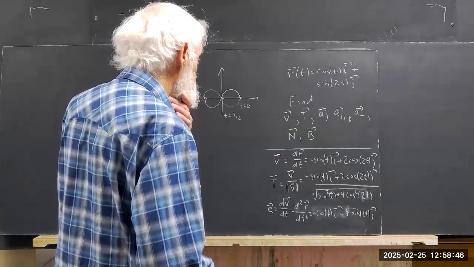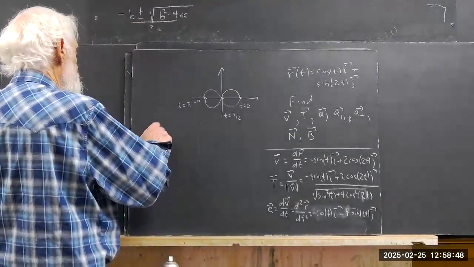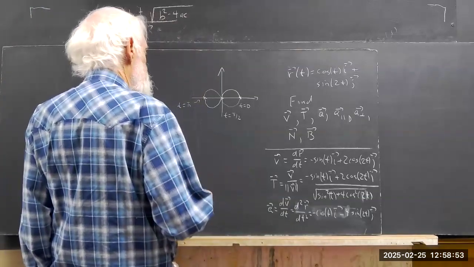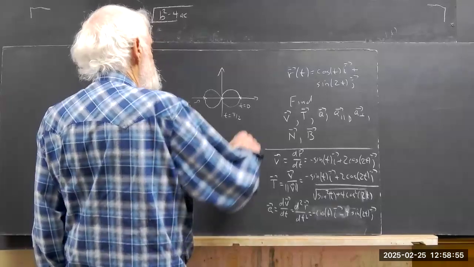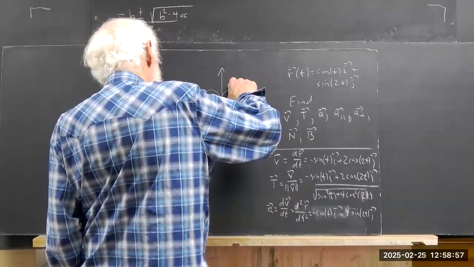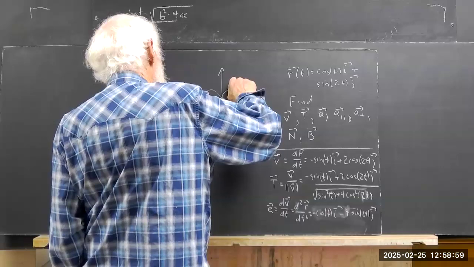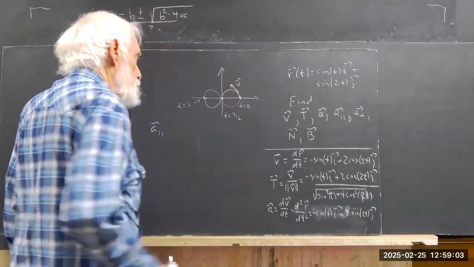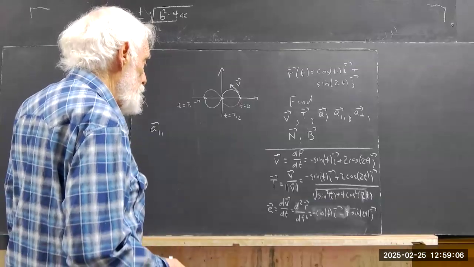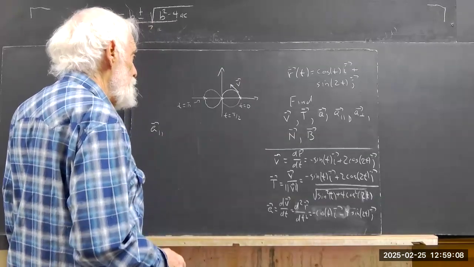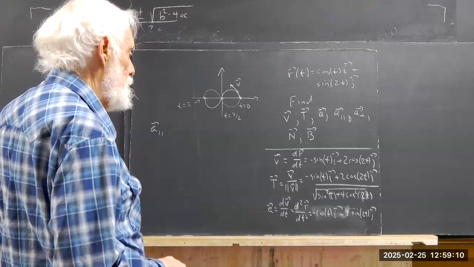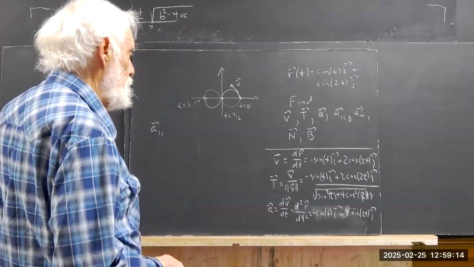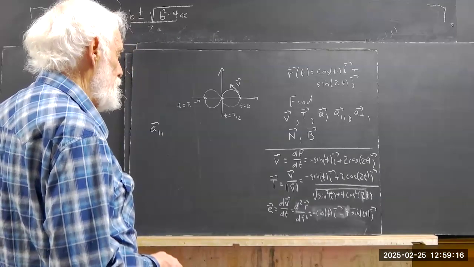Okay, there's your acceleration vector. First of all, this is the typical velocity vector at this point. Well, acceleration vector. Is this thing speeding up or slowing down at that point? Cosine is decreasing.